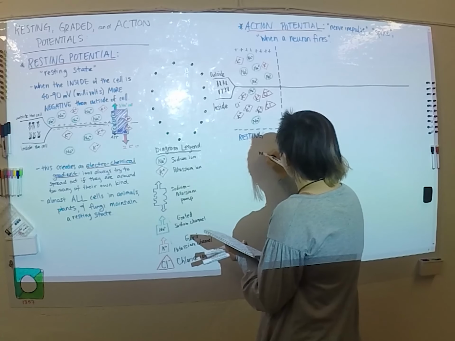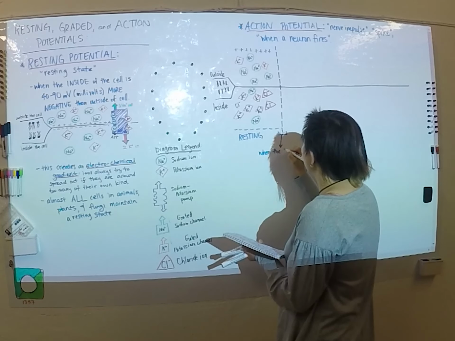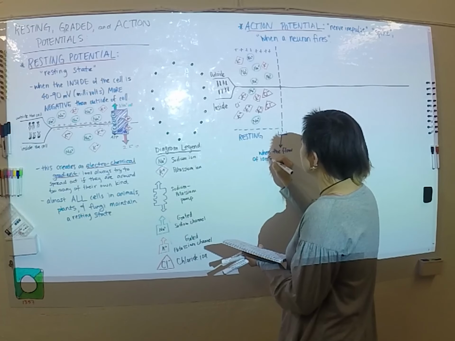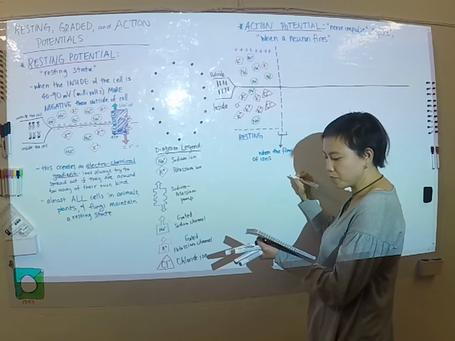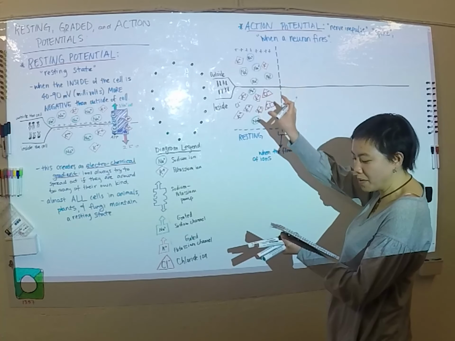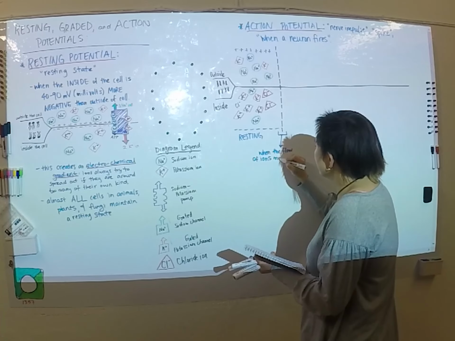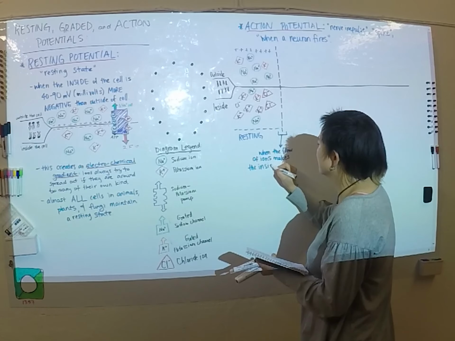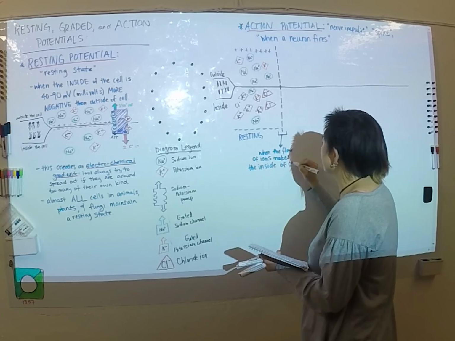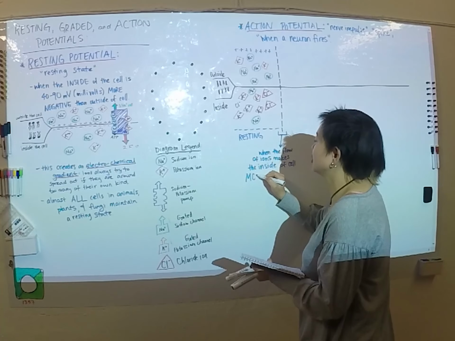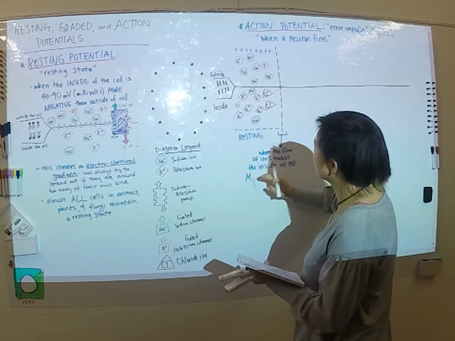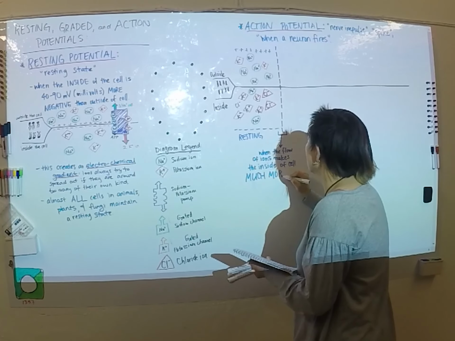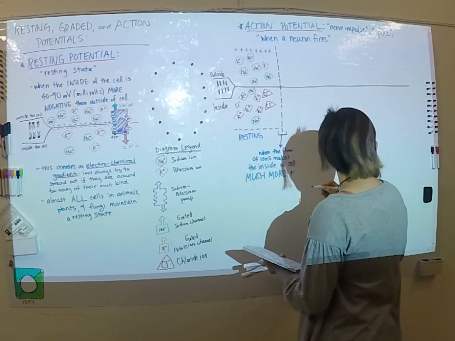When the flow of ions across one chunk of membrane makes the inside of the cell much more positive, okay?